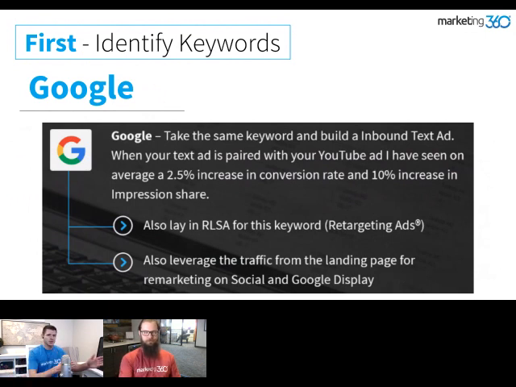So Brandon, let's dive a little bit deeper into that. So now we're really getting into the more technical side of things. There are so many different places you can start, but this is still going to fall within that very first aspect. This is your identify keywords. That's the important part here.